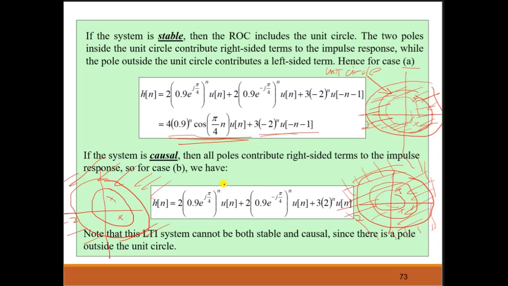So bila dia tak masuk dalam ROC, it is causal, tapi dia tidak boleh jadi stable. So for this particular system, tidak boleh jadi stable and causal, because ada pole di luar unit circle ni yang causal. Right, so I hope you can understand, and if you have any questions, please don't hesitate to ask me. Thank you.